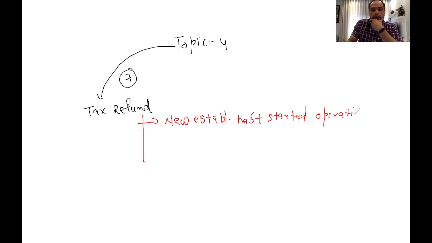They haven't been involved in any operating, and can get a tax refund.